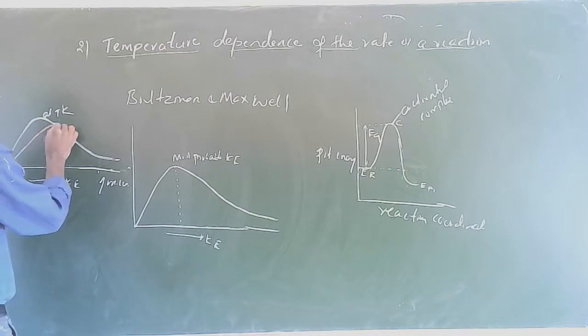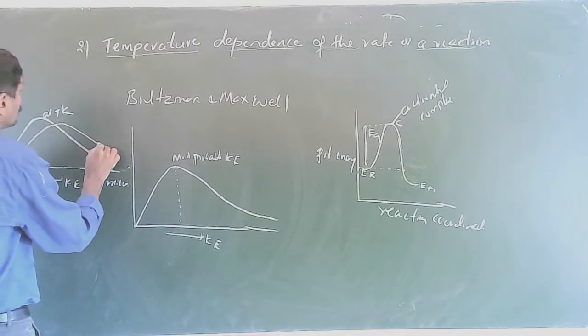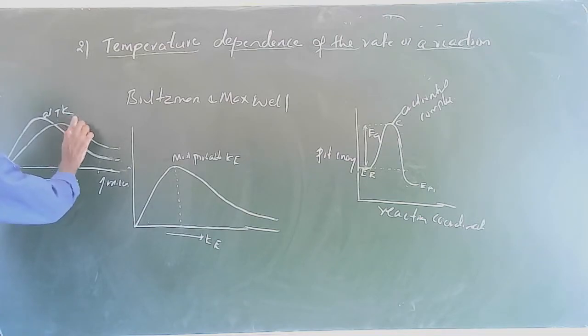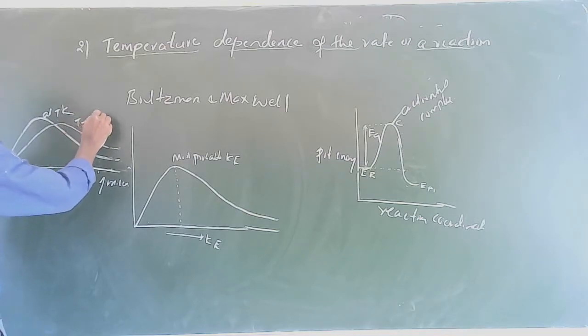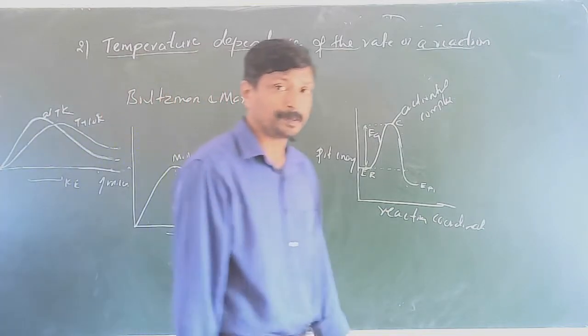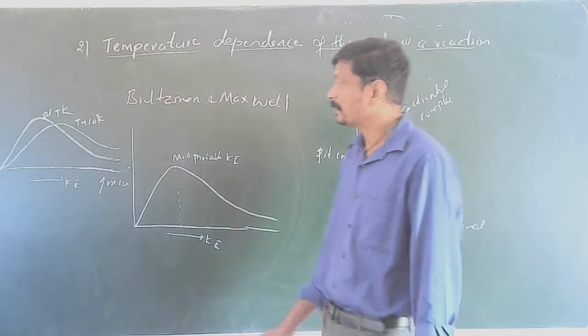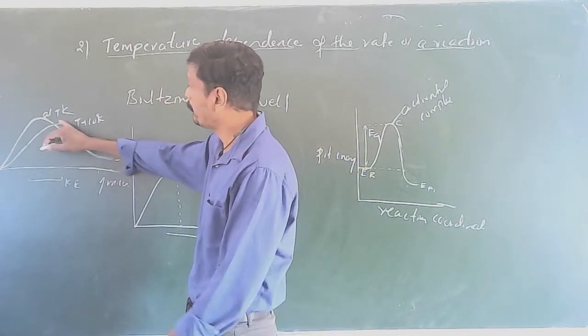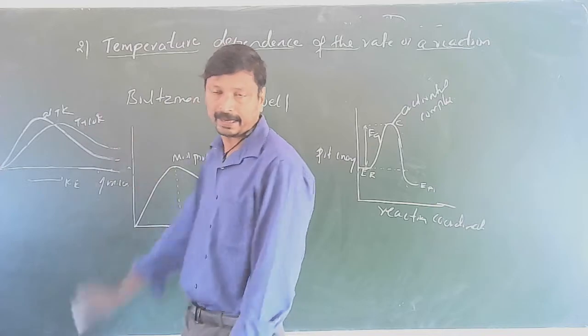This graph moves towards the right-hand side. This is T plus 10 degrees. The most probable kinetic energy is now at the right-hand side.